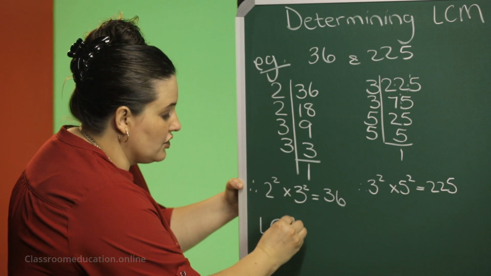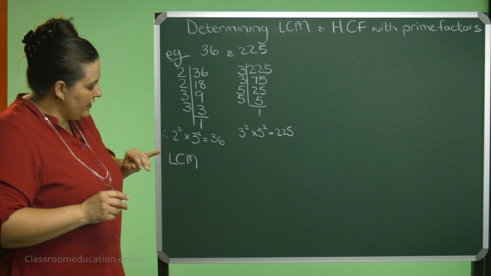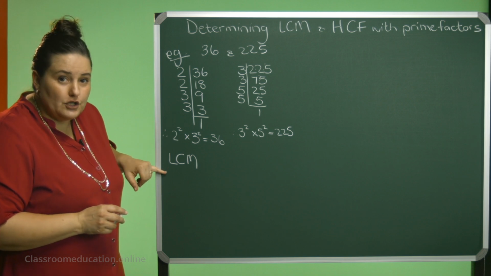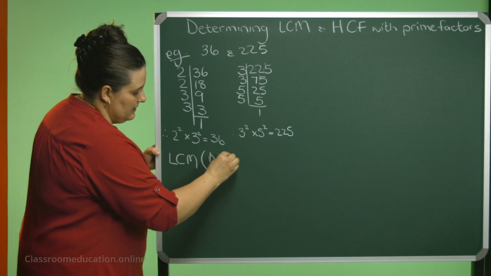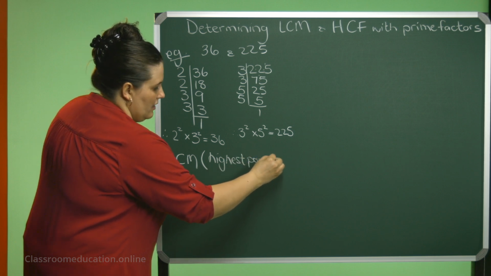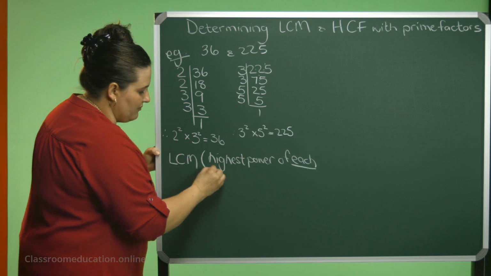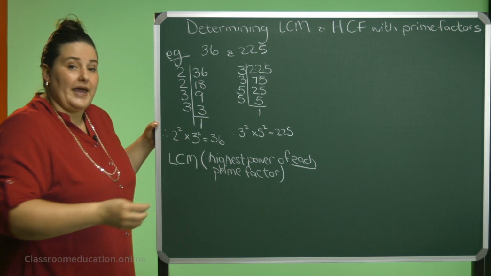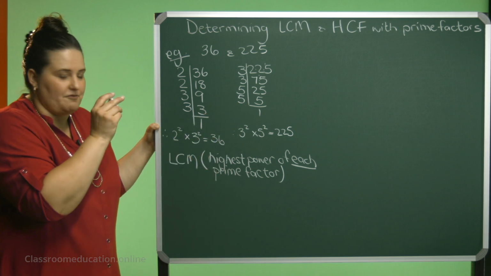Now, once you have your prime factors, we can determine the LCM, the lowest common multiple. And I'll tell you how. When you have to determine the LCM, we are going to look for the highest power of each prime factor.